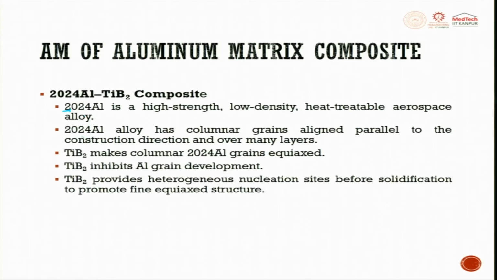It is a 2 series alloy. 2 series aluminum alloys have columnar grains aligned parallel to the construction direction and over many layers, making columnar 2024 aluminum grains equiaxed. TiB2 inhibits aluminum grain development. TiB2 provides heterogeneous nucleation sites before solidification to promote an equiaxed structure. So, this is a very useful reinforcement. It tries to create fine equiaxed structures.